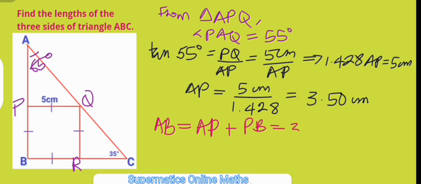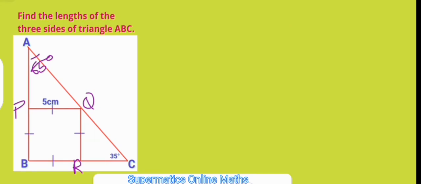This is 3.50 centimeters plus 5 centimeters. The side AB of the triangle ABC is 8.50 centimeters.